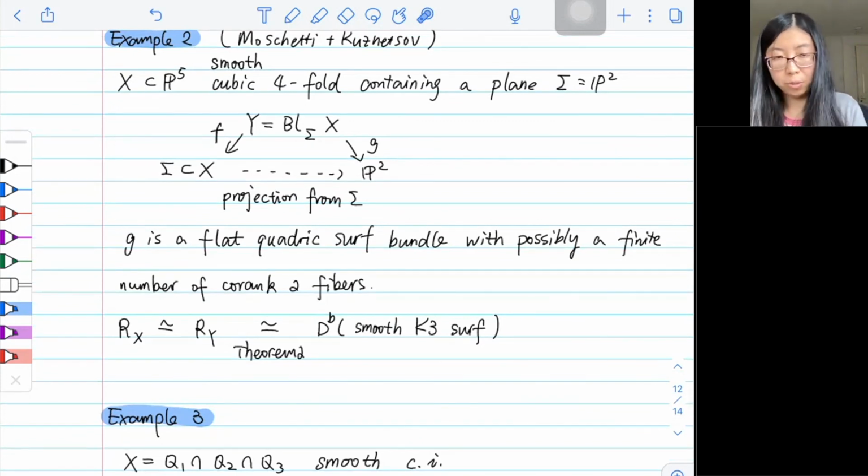So in this case, we would need to apply theorem 2.